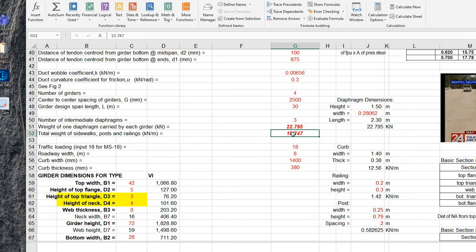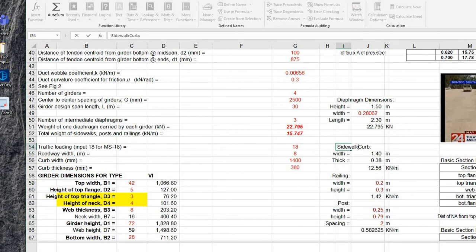Paano nakuha yan? Take note that this is total weight of sidewalks, posts, and railings. And then, kapag sinabing sidewalk, yan din yung tinatawag na curb. Okay? Sidewalk or curb. Tapos, you have the railing and then the post.